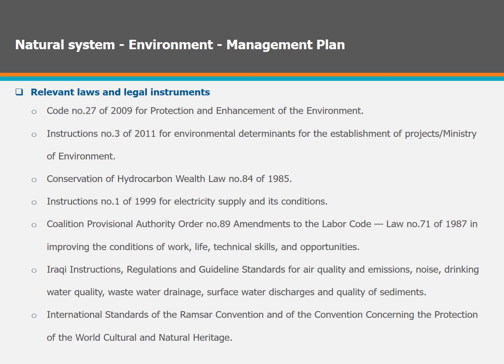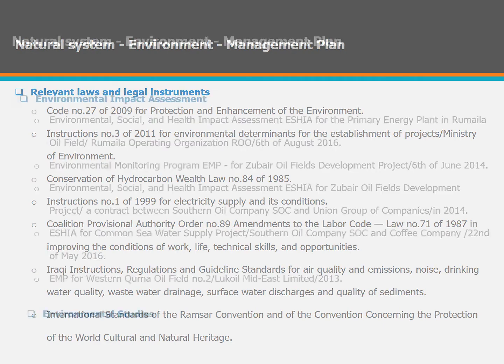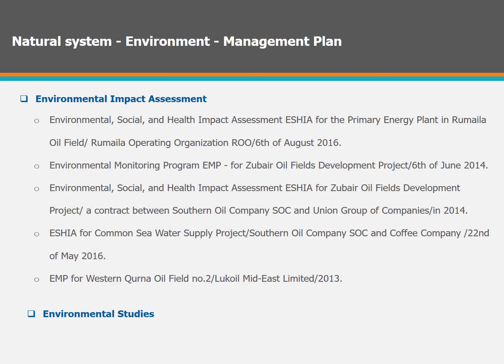The 1971 Ramsar Convention on Wetlands of International Importance and the 1972 UNESCO Convention concerning the protection of the world cultural and natural heritage. Some activities are not covered by laws. Hunting is one of them. Impact assessments were conducted between 2013 and 2015, mainly related to the oil sector. Environmental studies have also been conducted.